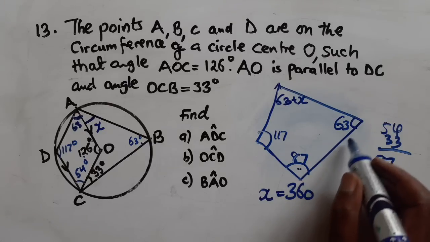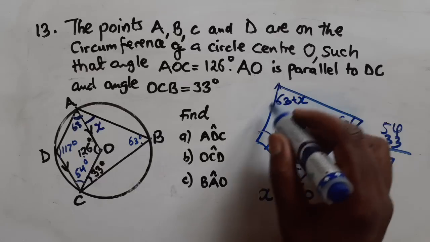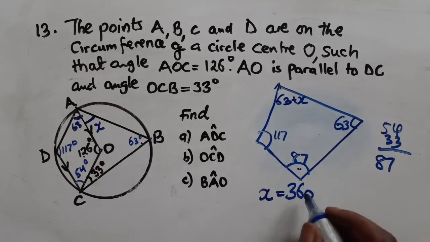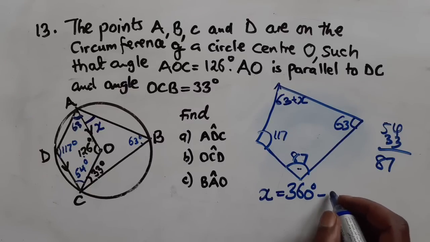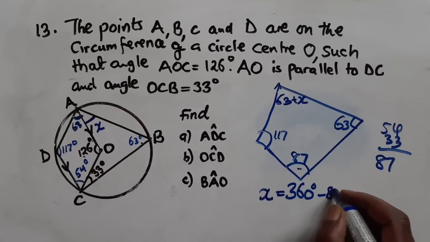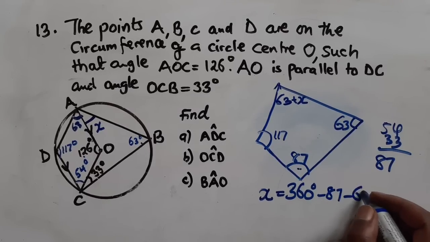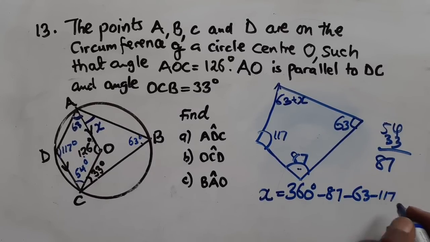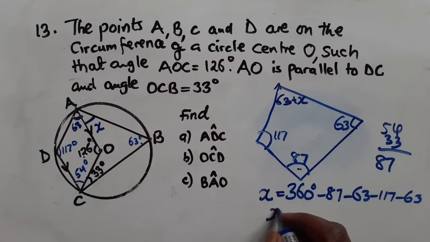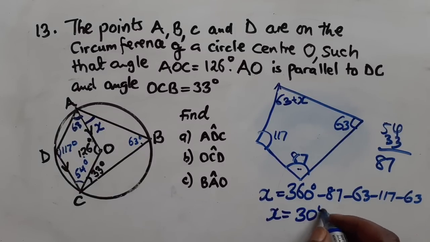The four angles in a four-sided polygon, which is a quadrilateral, add up to 360. So we begin to subtract all these angles here now. Minus 63, minus 117, minus another 63. Let's work it out. This is going to give us 30 degrees. This is one method that we can use.